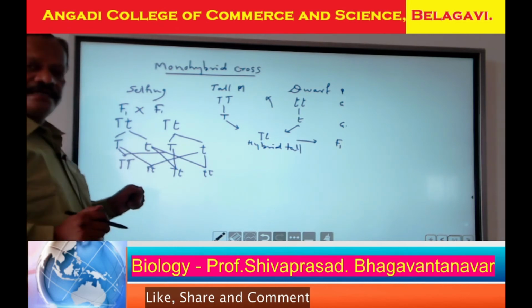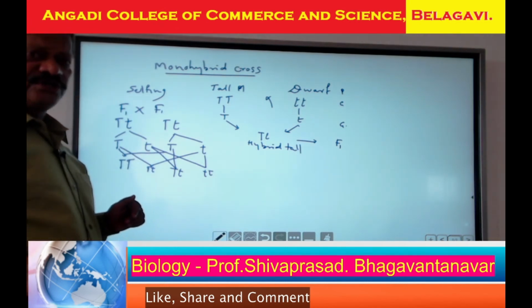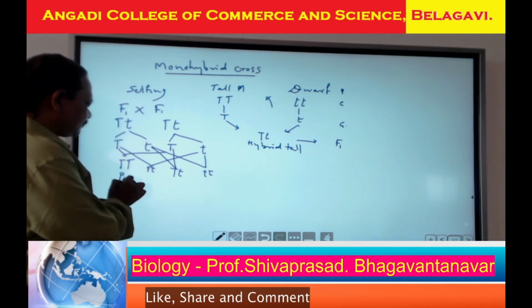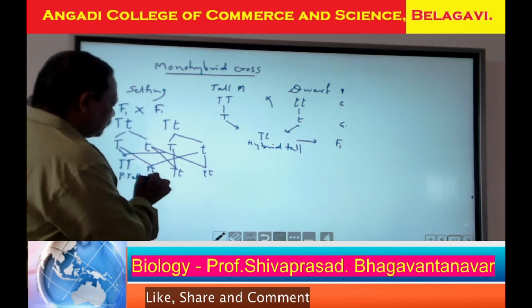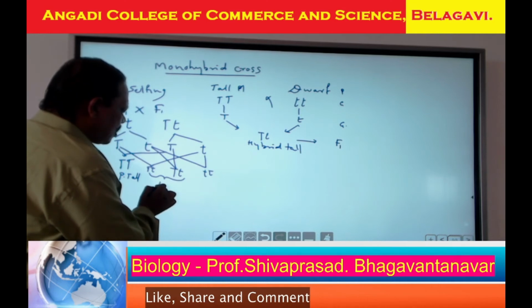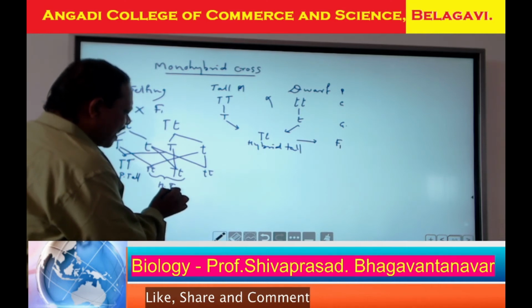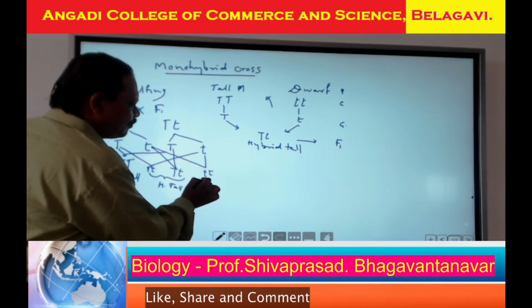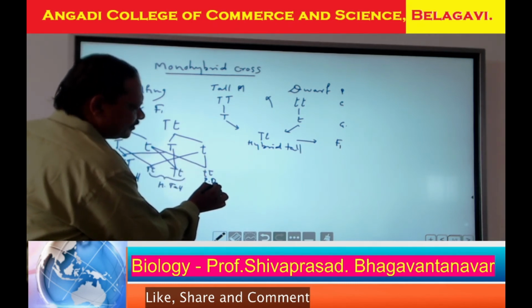So now see what kind of plants are produced here. First of all, the pure tall plant. If you consider these two, they are called hybrid tall plants. And here it is the pure dwarf plant.